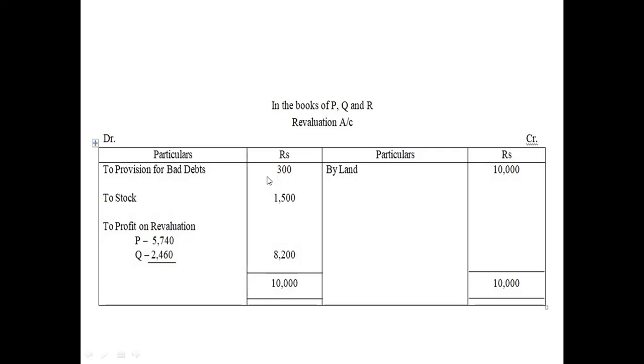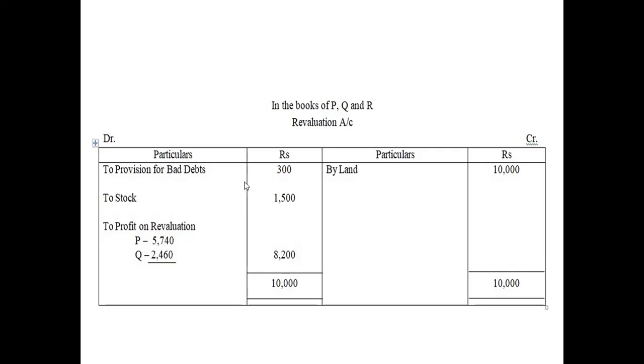So this 300 is debited here, because we know that whenever the provision is increasing, we put it in the debit column. Here the provision for bad debts is increasing by 300 rupees. That is why we include it in the debit column of the revaluation account. Now let us move on to the fifth adjustment, that is, stock is to be depreciated by 5%.